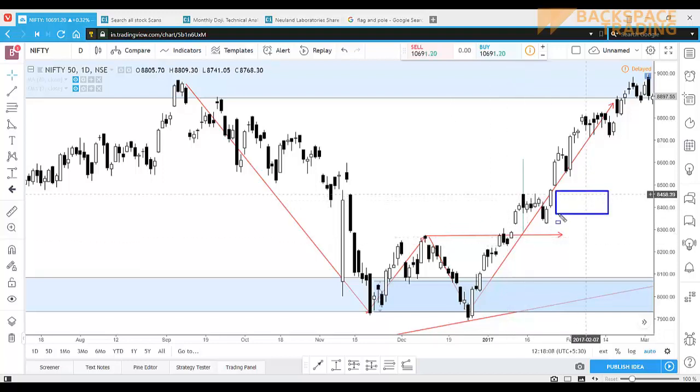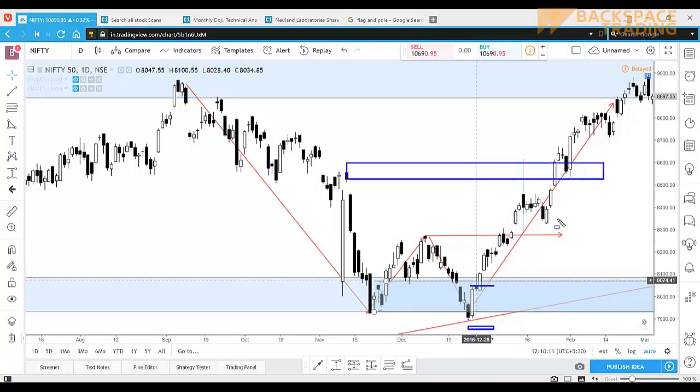And assuming you bought over here, you can exit exactly where the double bottom traders exit, with the greater reward, right? They enter here, target here. You enter here, target here. Cool.